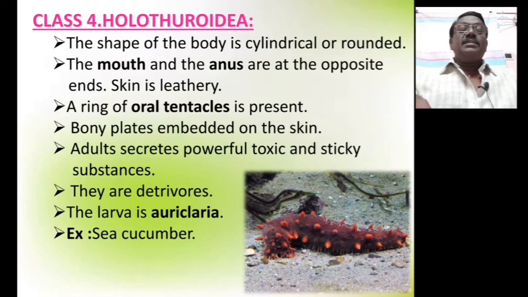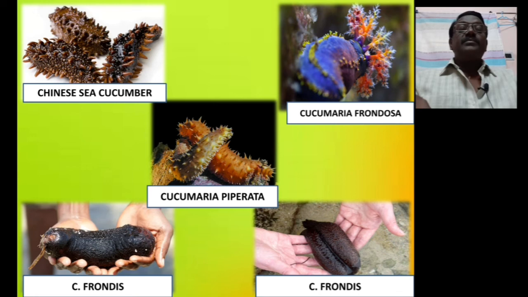The example is sea cucumber. And these are common examples of sea cucumber: multicolored, Chinese sea cucumber, Cucumaria frondosa, Cucumaria piperata, Cucumaria frondis. This Cucumaria frondis is a common species and in Tamil it is named Kadalattai.